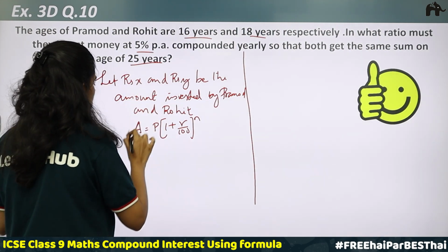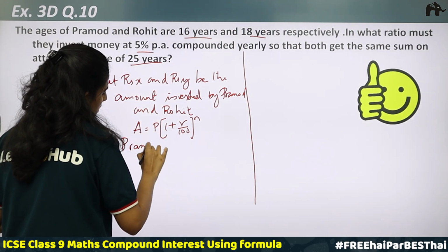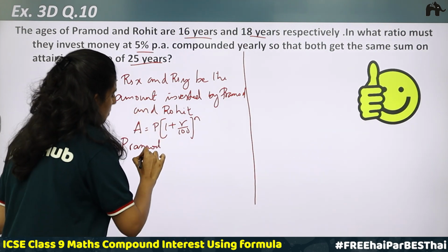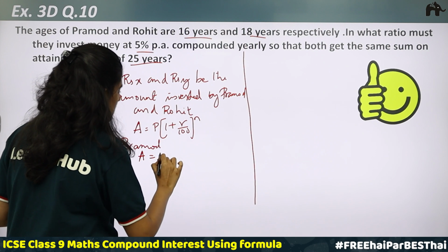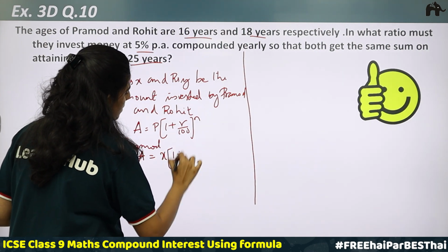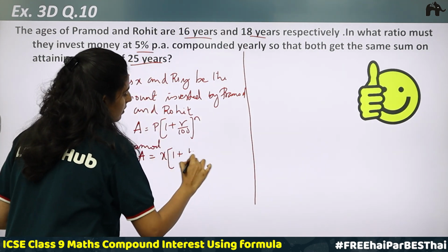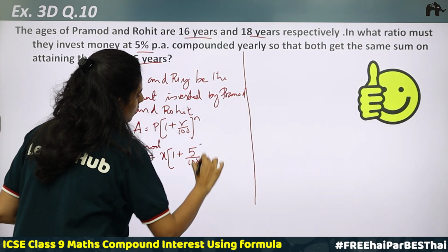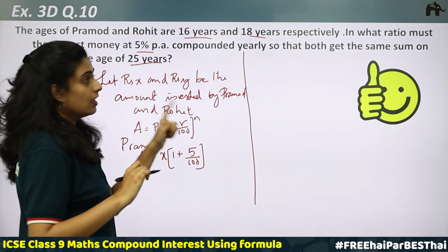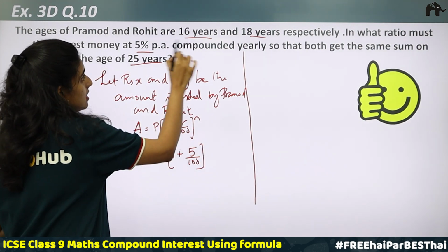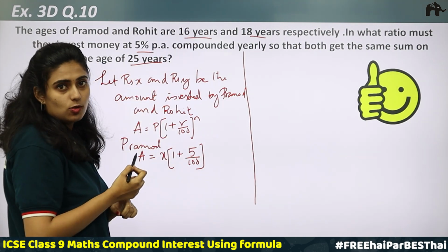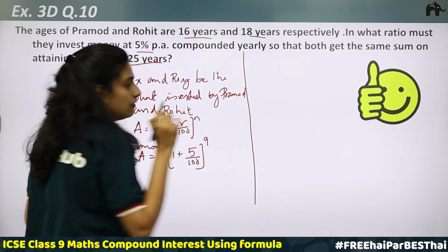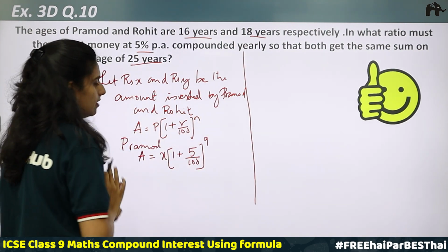So when you take the case of Pramod, amount will be equal to principal. In his case, the principal is X. X into 1 plus R, here it is 5 by 100, whole raised to what is N? In this case, he is 16 years old. After how many years will he become 25 years old? 9 years, right? 25 minus 16 is equal to 9.